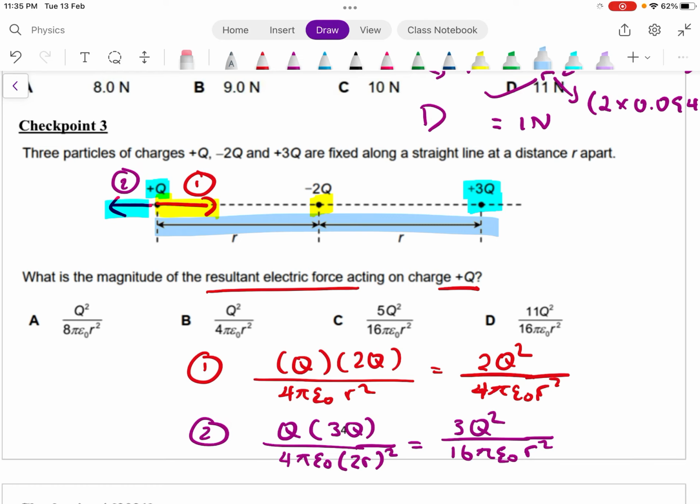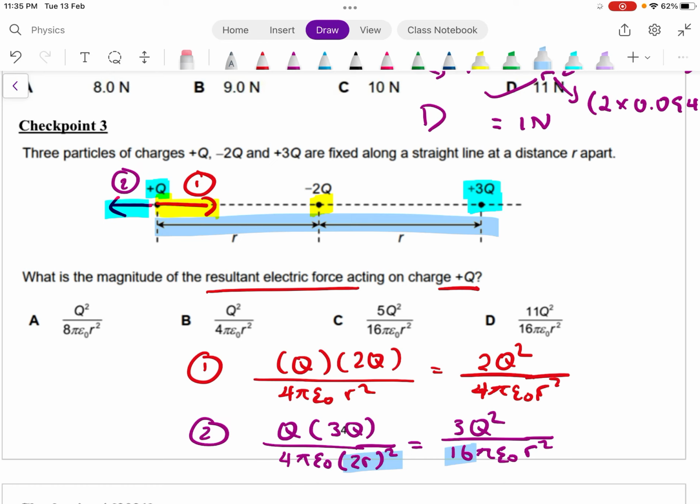It's not r, it's 2r, the whole thing squared, which is 4r square. So 4r square times 4 is 16r square, and force 2 is 3q square over 16 pi epsilon naught r square.